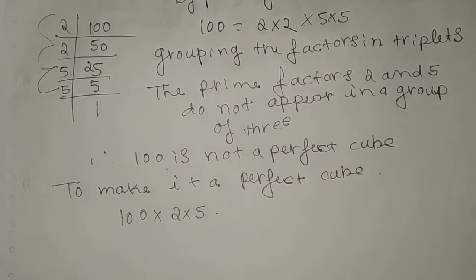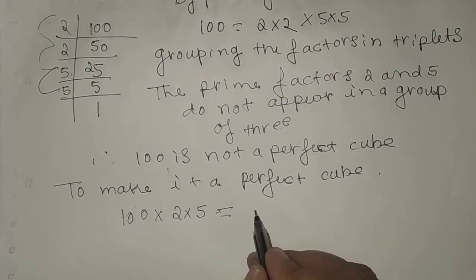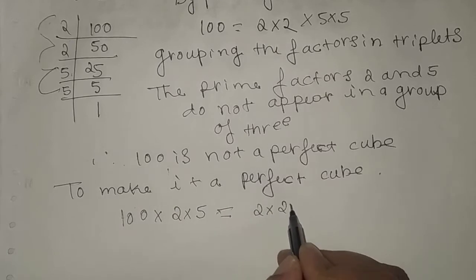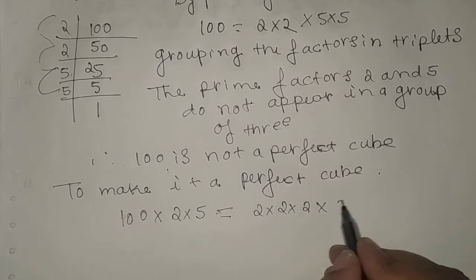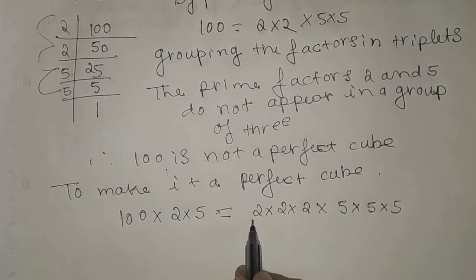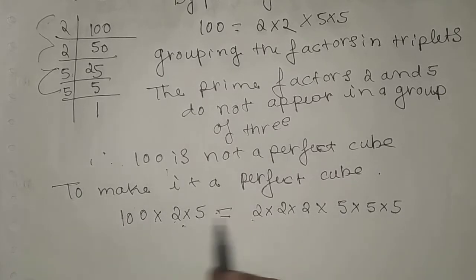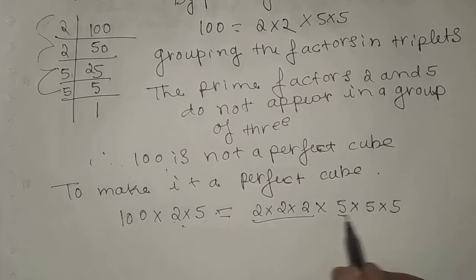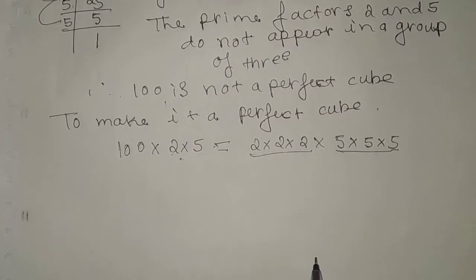On this side we include one more 2 and one more 5, and on the other side as well. So on both the LHS and RHS, 2 and 5 should be included. Now this becomes triplets.